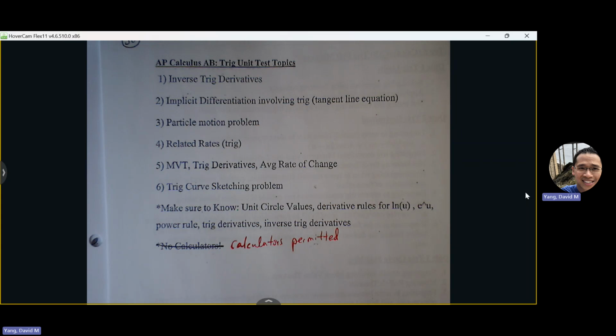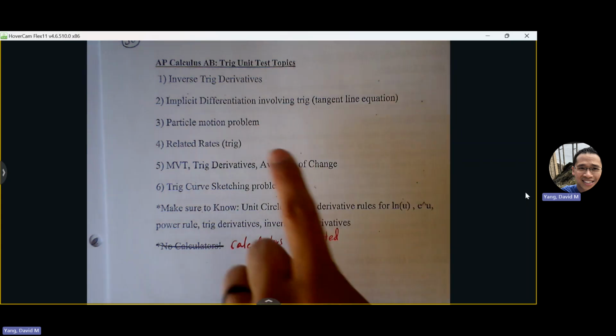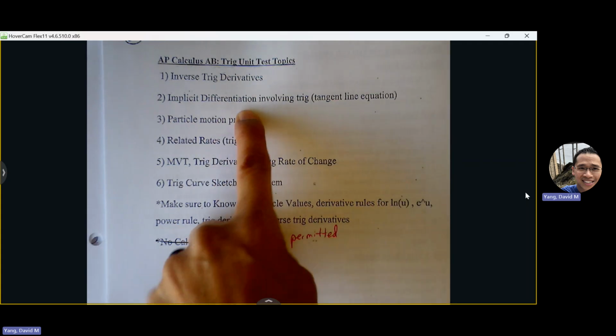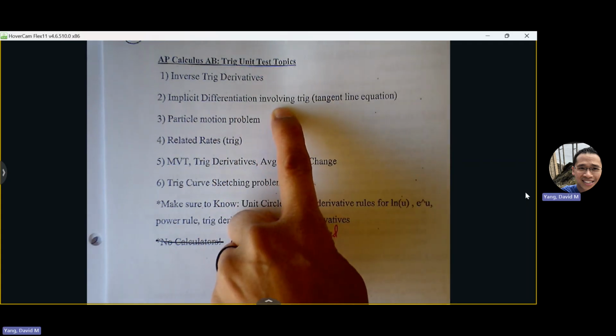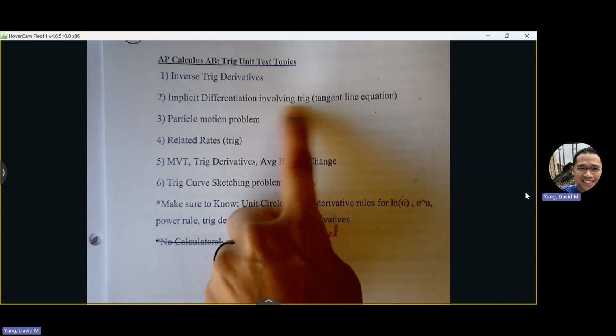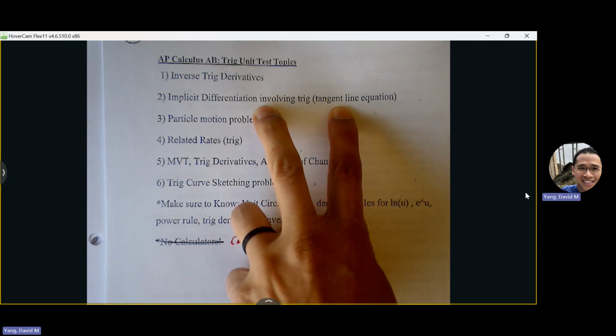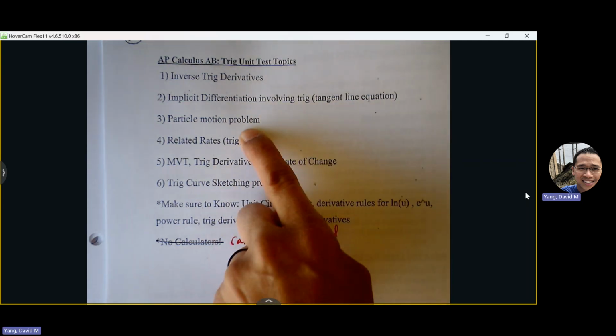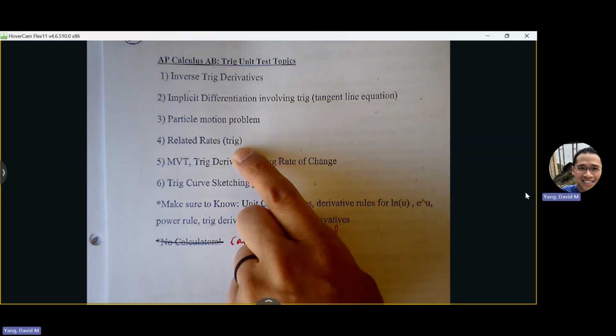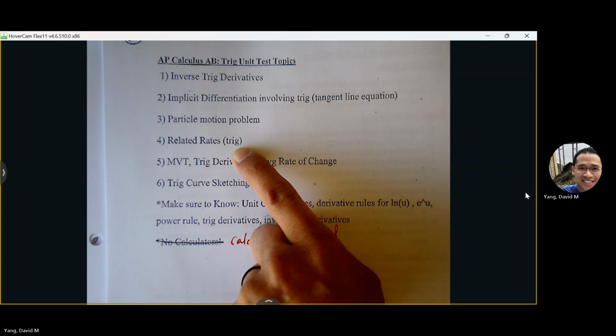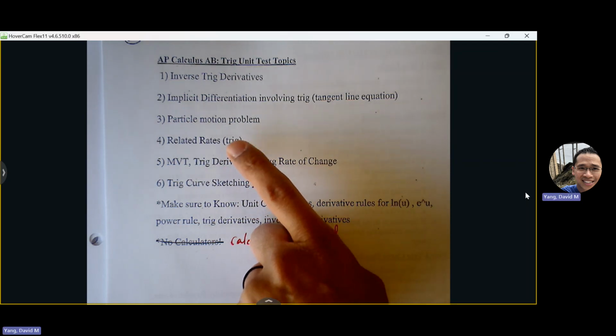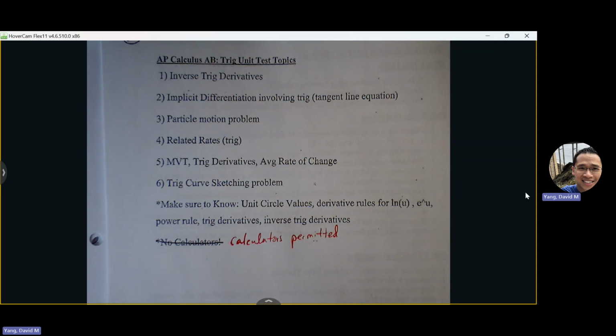Implicit differentiation involving trig, you demonstrated that on the quiz, so this is a quiz topic. Particle motion problem, we'll do some of that over these next few days. Related rates trig, we did that yesterday, the day before, where we have to draw a separate triangle and find that ratio.